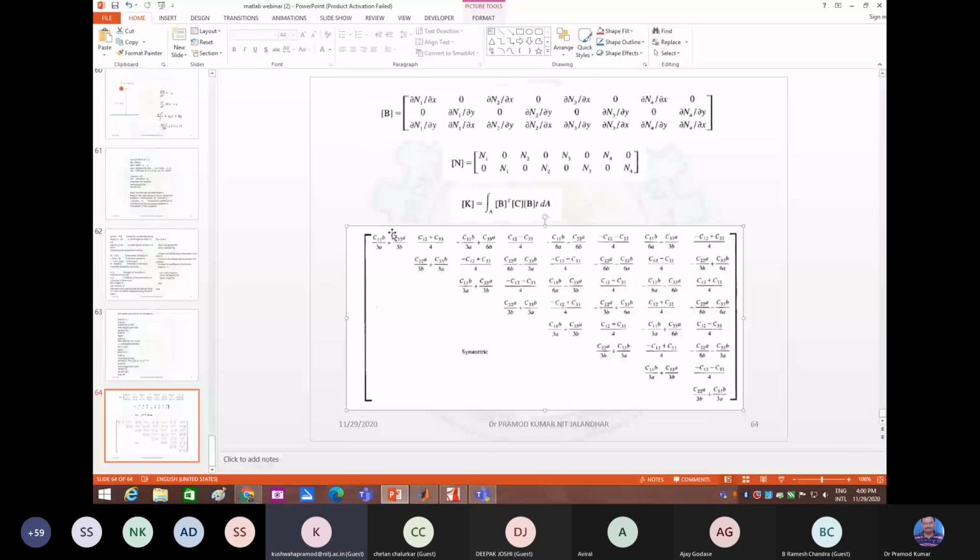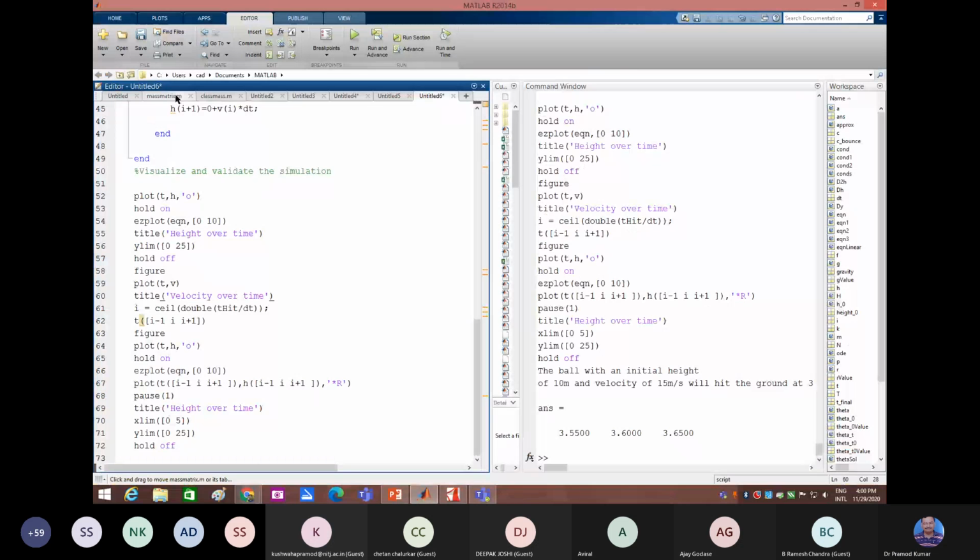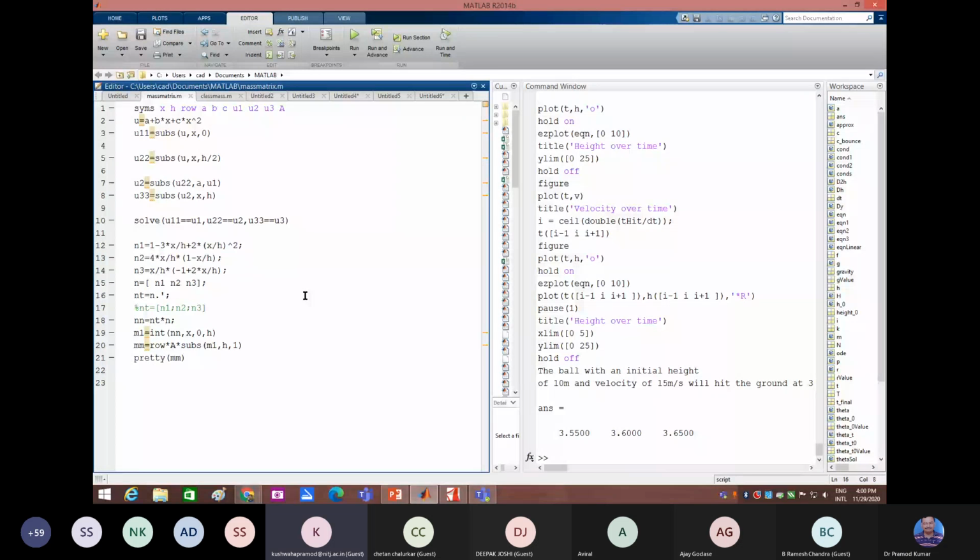Let me see here if it is available. This is the equation which we want to solve, and after that we get the mass matrix out of this, or stiffness matrices, which will be calculated. And this way we very simply calculate the things.